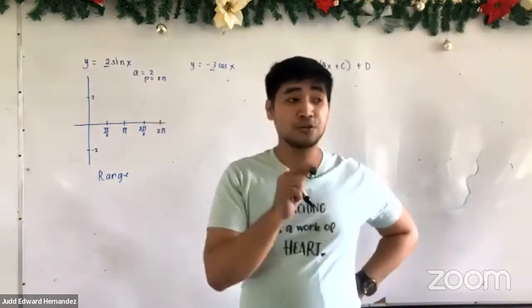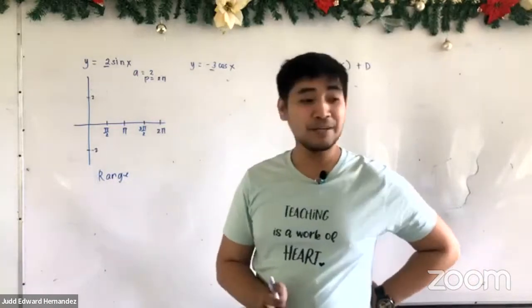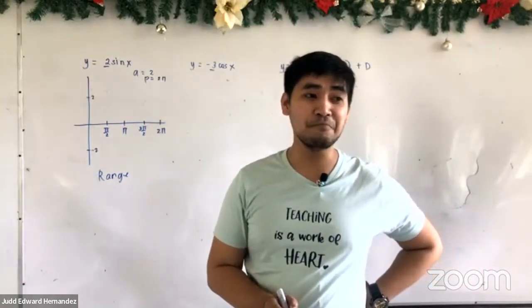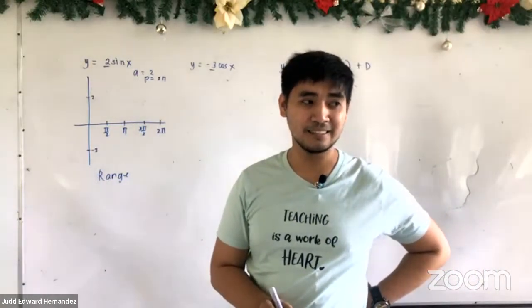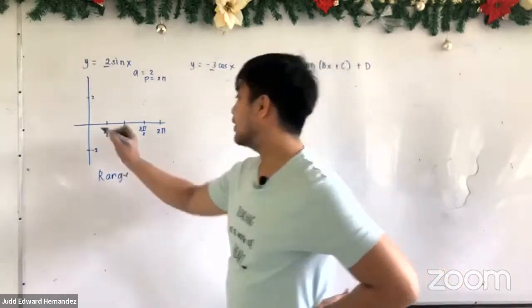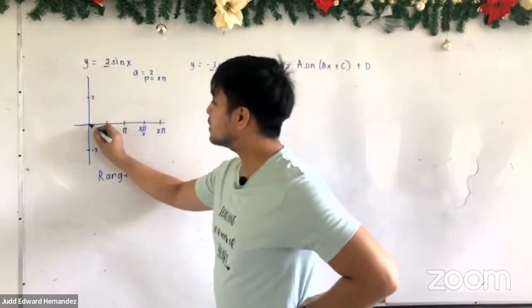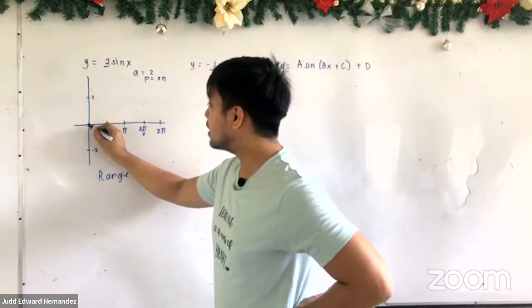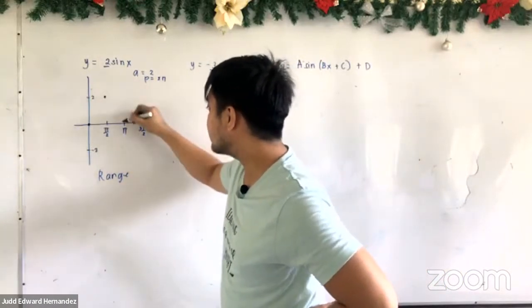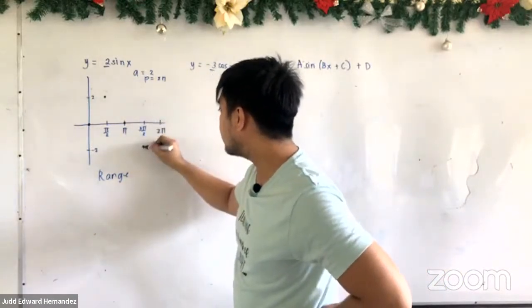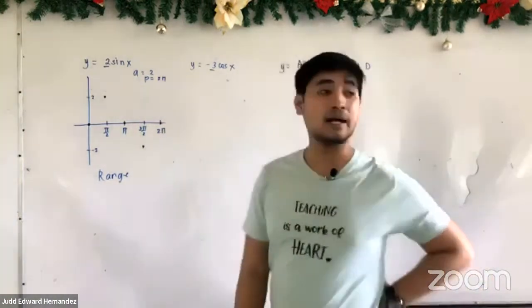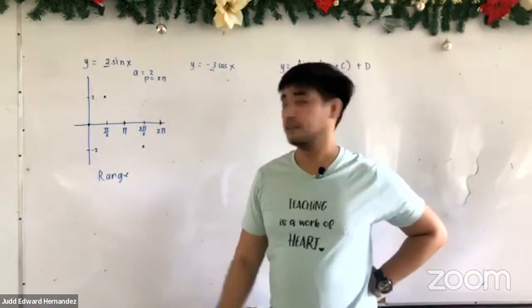So alam natin yung nature ng graph ni sine. Yes or no? Alam ba natin yung nature ng graph ni sine? At saan po siya nagsisimula? Sa middle po. Okay? Since positive, sabi natin yung nature ng graph na is gitna, taas, gitna, baba, gitna. Tama po ba? Okay?